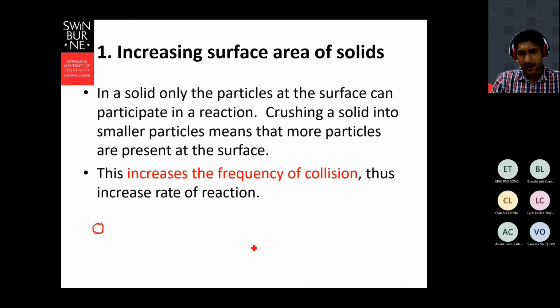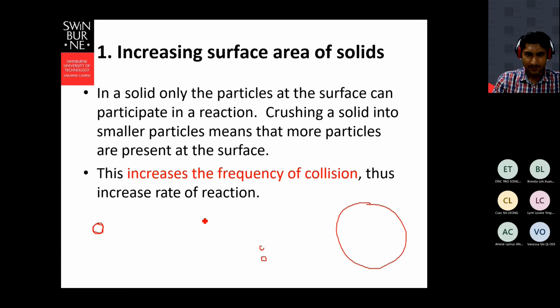If I have this big sphere, and I have these small spheres, let's say I have 10 of these. This is category A, this is B. Which one do you think will have the bigger surface, A or B?